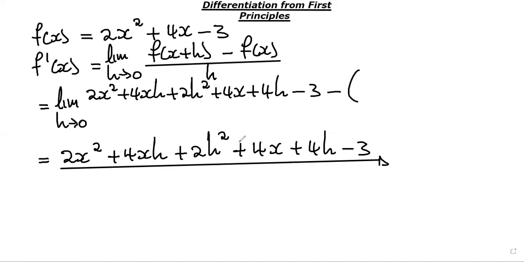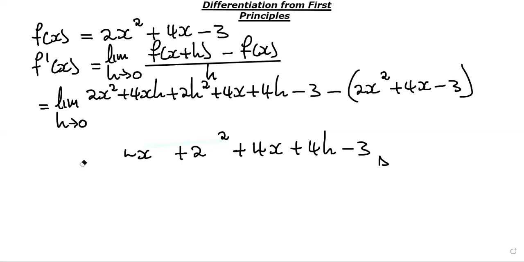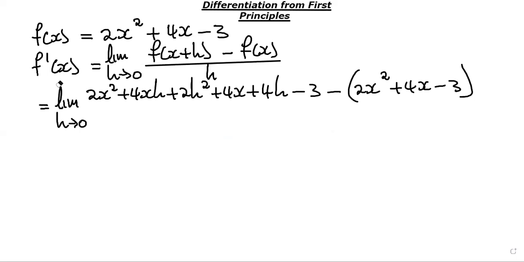And then we say minus, because f of x consists of more than one term, we just need to open the bracket because this negative sign has to affect everyone in the function. So we have 2x squared, and then we say plus 4x minus 3. And of course, everything is divided by h.